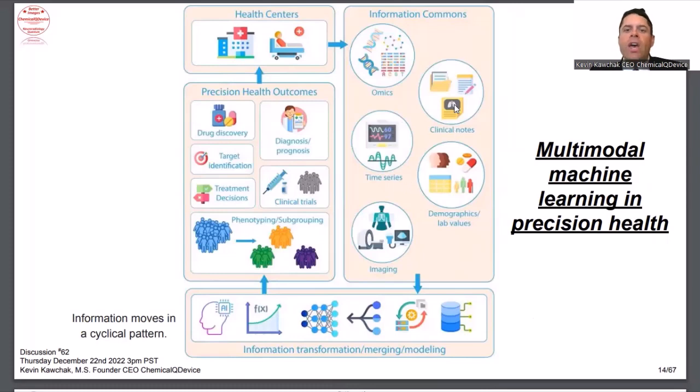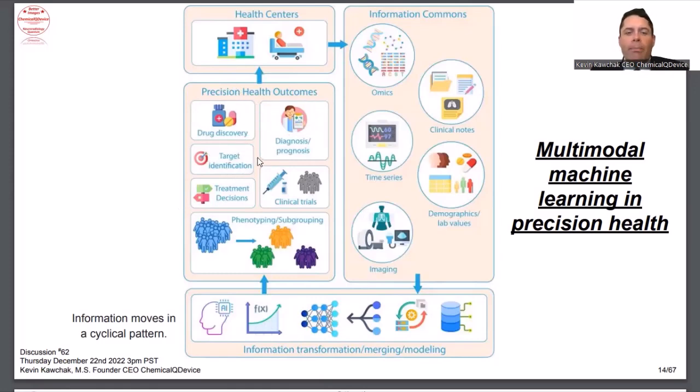So a lot of these things, the clinical notes, the tests for the patients, especially for Alzheimer's disease, you have to figure out cognitively where they're at, and that's not necessarily a high-tech thing. It's more like, I believe it's called an MMSE. And then this goes down to information transformation, modeling, merging, and then back up to precision health outcomes.